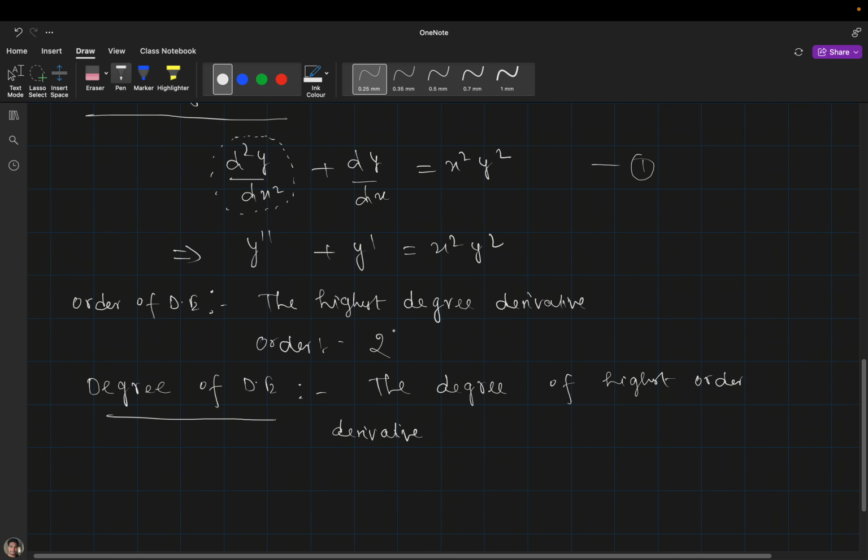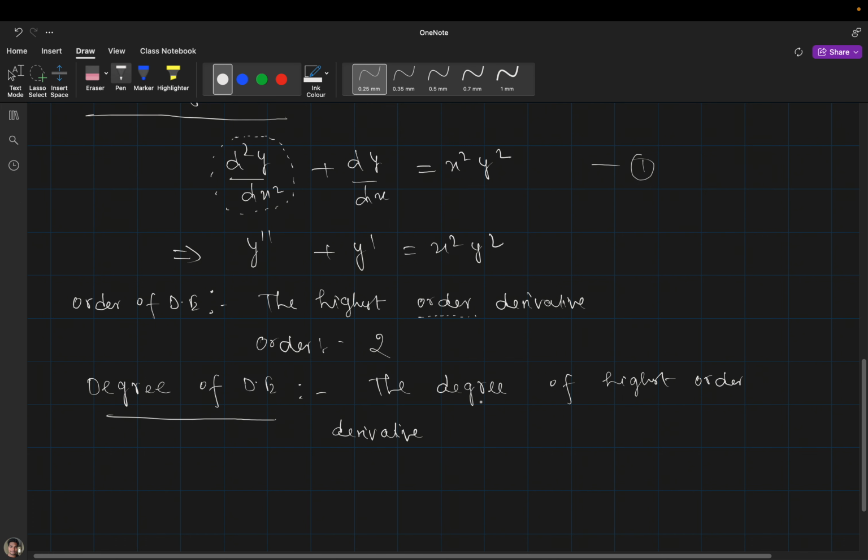Actually I have to write order here: the highest order derivative. There is a difference between order and degree, because this is the order, this is not the degree, which means the power. So here you can see that the 2 is not the power, it is actually the order of the derivative. So that's why this word is important. It should be order.